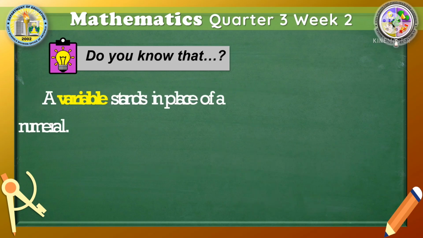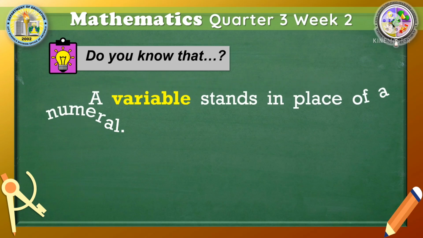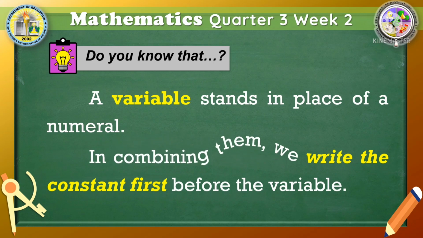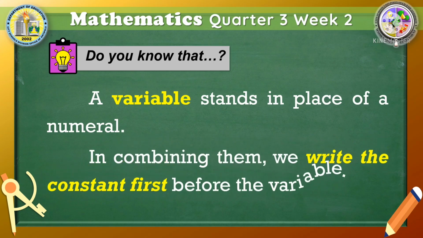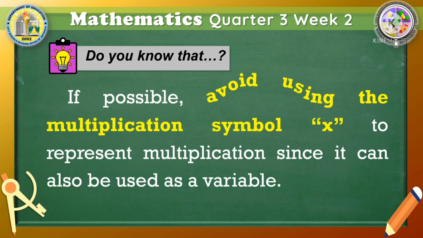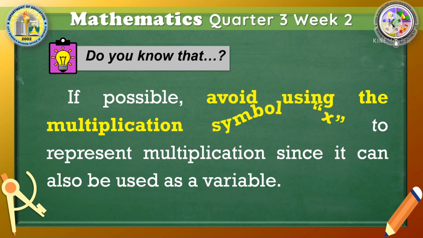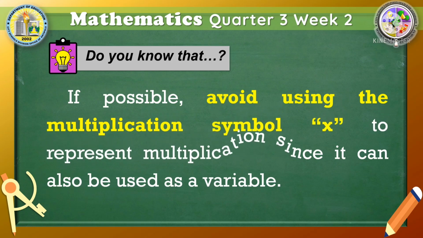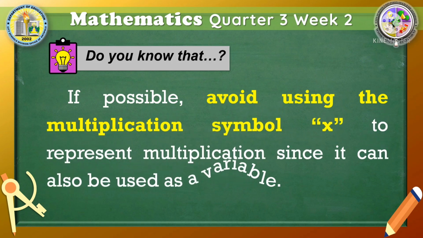A variable stands in place of a numeral. In combining them, we write the constant first before the variable. If possible, avoid using the multiplication symbol x to represent multiplication since it can also be used as a variable.